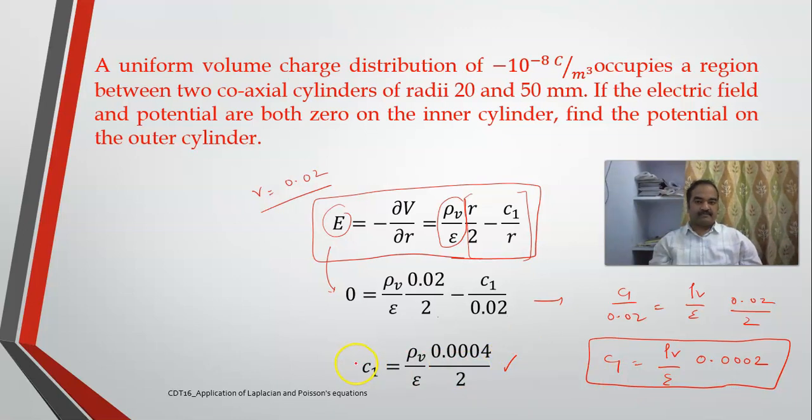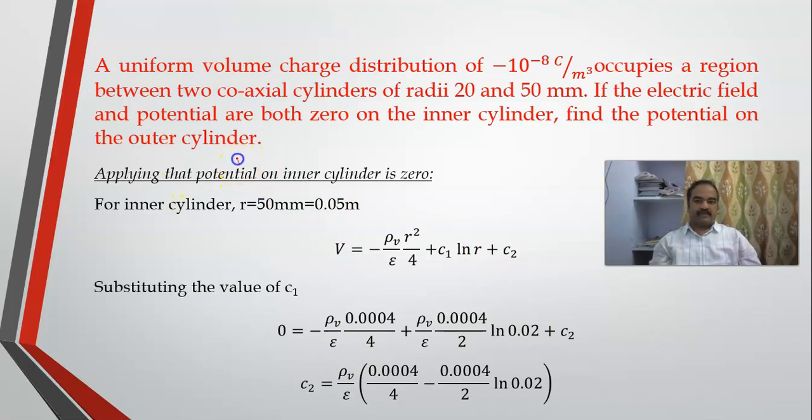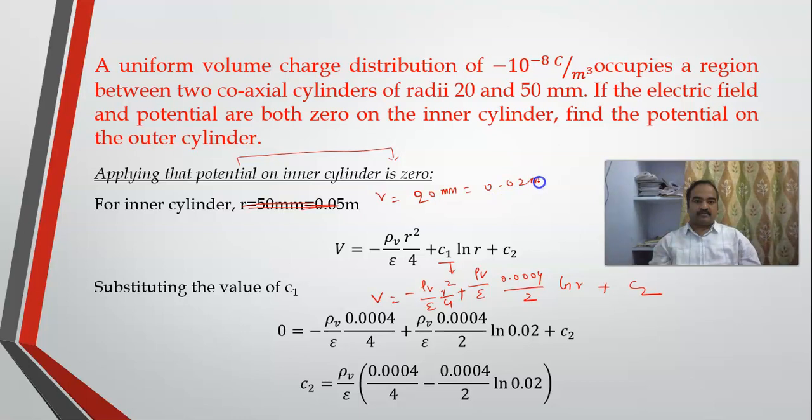I have already obtained one expression. Now I'll apply the second condition, which means potential is also 0. This is my expression for V, and I already know the value of c1. Potential is 0 on the inner cylinder, where r is 20 mm, which is 0.02 m.